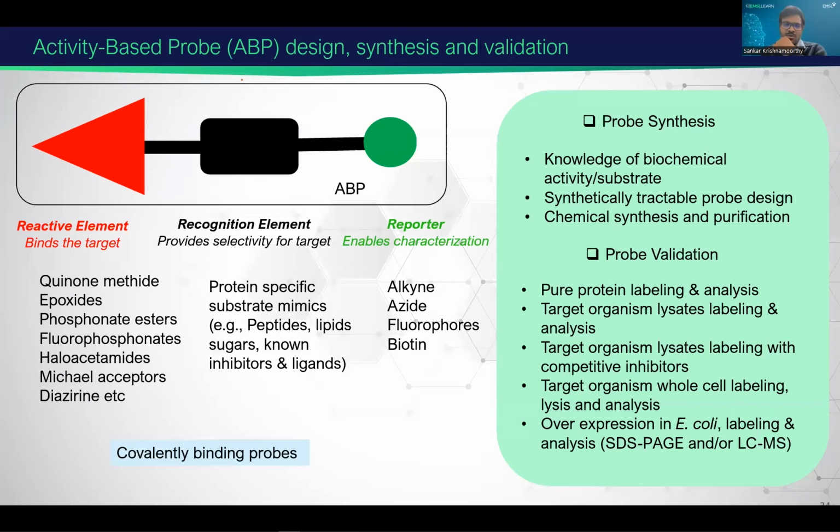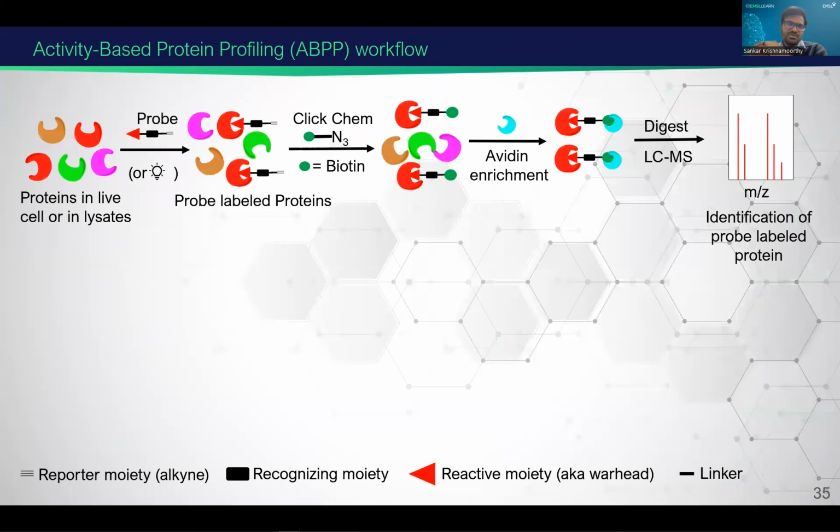So once we validate the probe, they are ready to be used in the activity-based protein profiling pipeline. So the sample is either part of live cell or lysate or a protein extract.